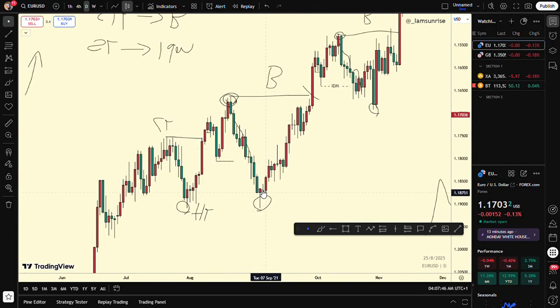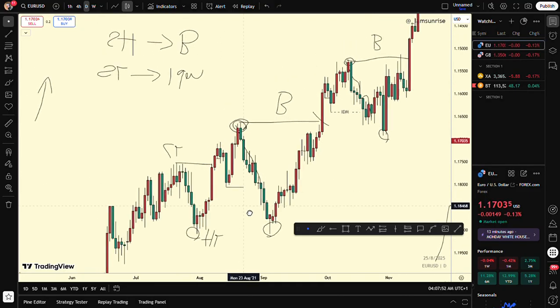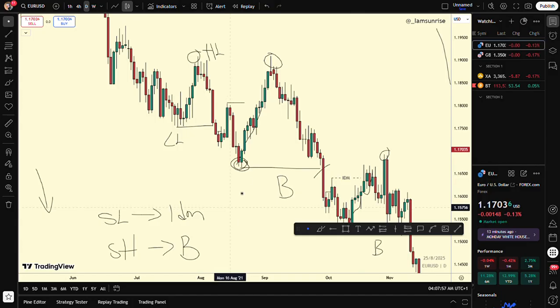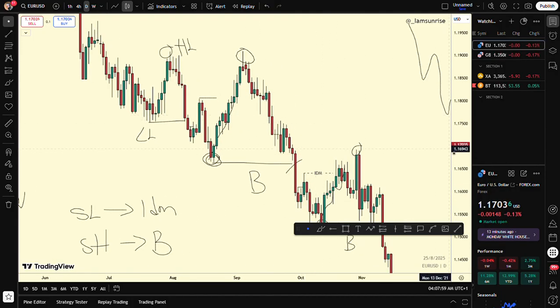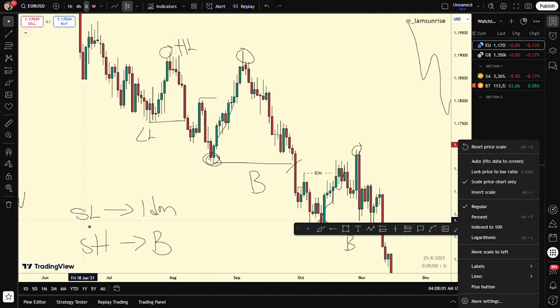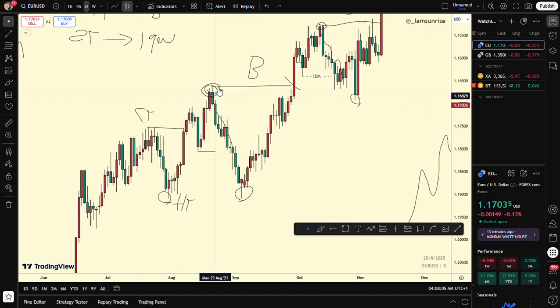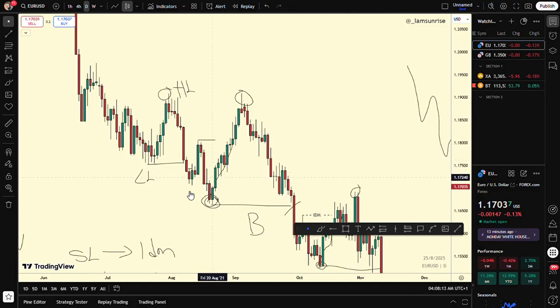Okay, so I think it's the same process as well. Strong high, inducement must be taken out. That is how it will be in this scenario. For the uptrend, for a strong high, inducement will be taken out. Strong low, break of structure. You understand? So it's just like the opposite of the downtrend.